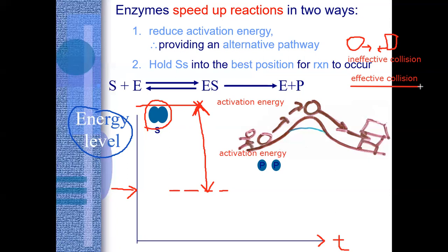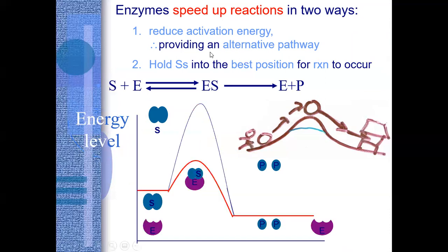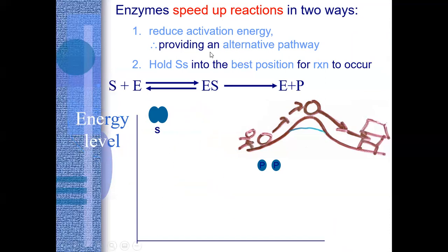Okay, so that's why we must raise the energy to at least the activation energy or above that. Then the reaction will take place like this, and the product is formed.